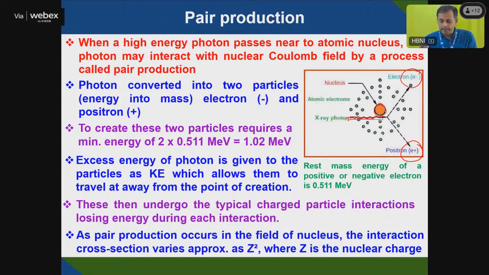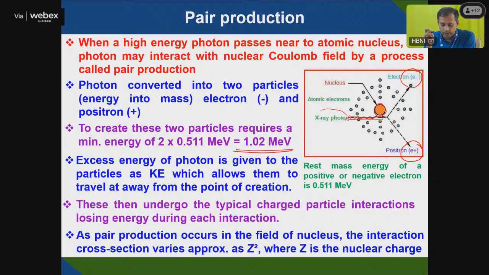To create these two particles, the minimum energy required is 1.2 MeV. Whatever excess energy there is is given to the particles as kinetic energy, so they move far away.